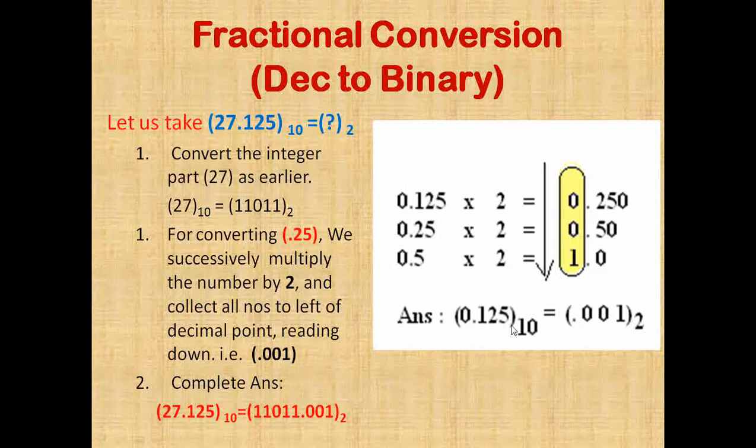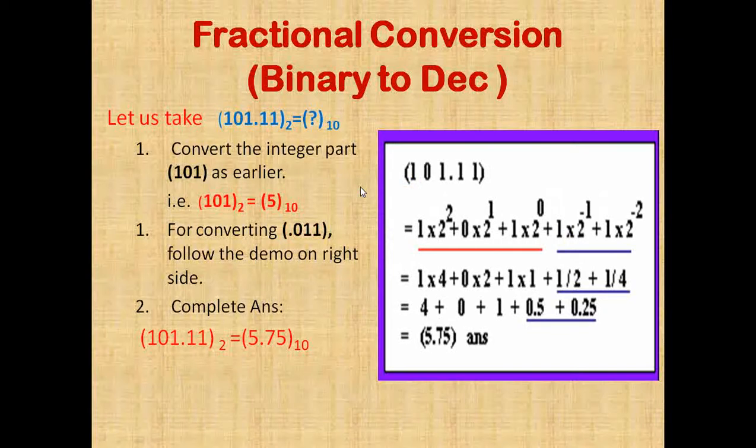So 0.125, when we convert it into binary, we get 0.001 base 2. The complete conversion of this number will be: 27 is 11011, and for 0.125 we write 0.001. So this is the fractional conversion from decimal to binary.